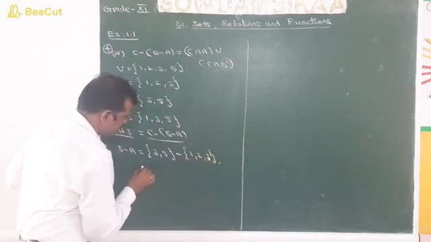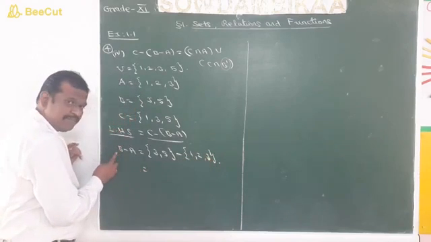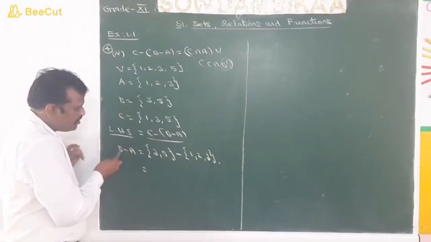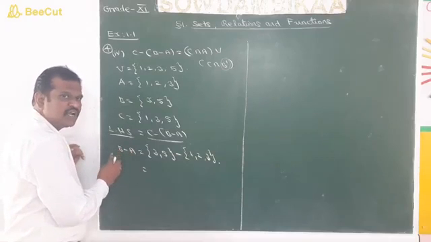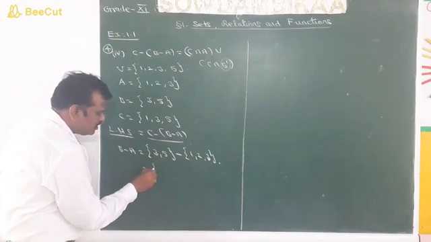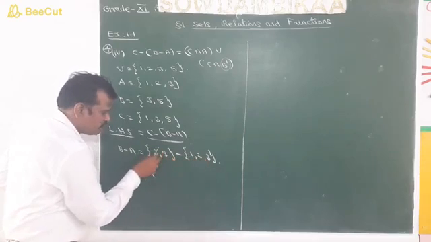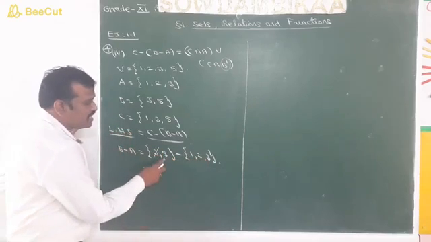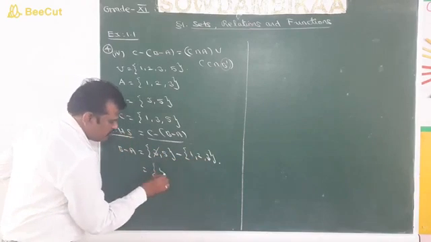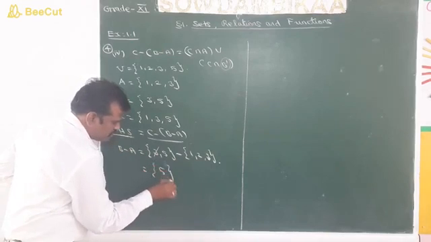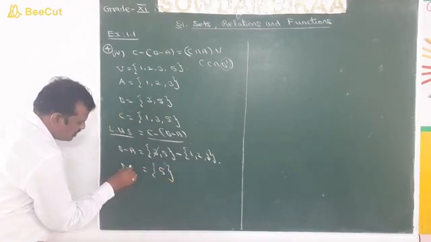So what is B difference A? Set of elements in B not in A. So we have to consider the elements of B which are not in A. So 3 is here. 3 is also there in A, so we have to strike out. And 5 is here, 5 is not in A, therefore 5 will come. So this is B difference A.